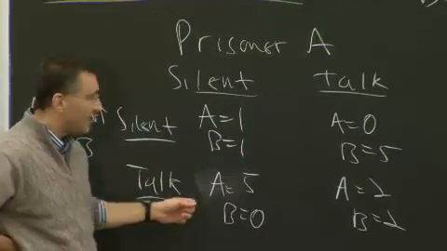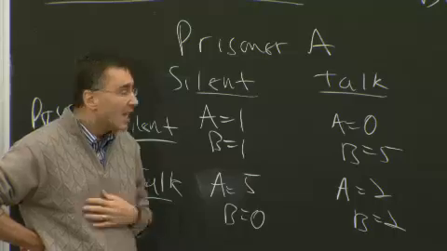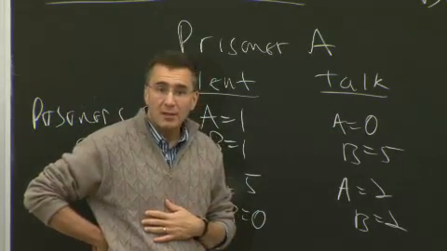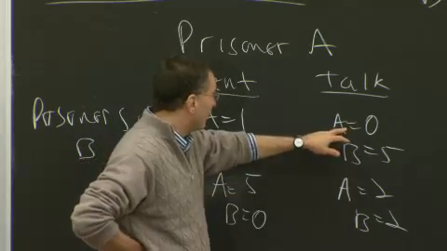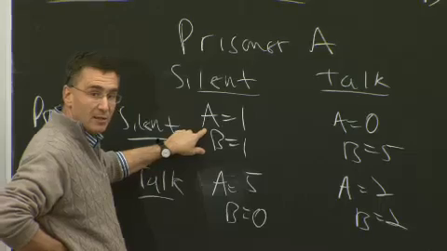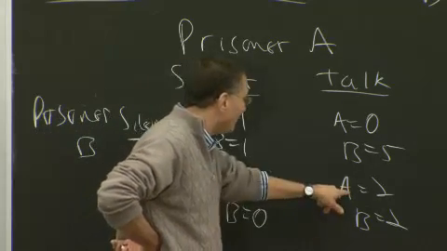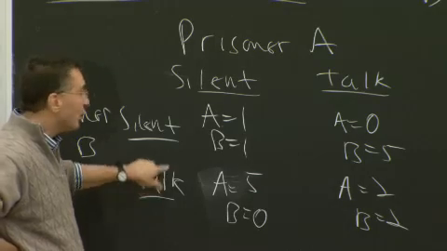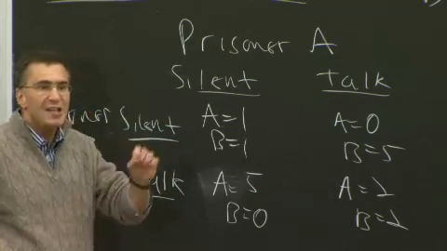If B talks, he gets 5 years. Now compare that to prisoner A's strategy of talking. If he talks, he's better off than if he doesn't talk, if B is remaining silent. If he talks, he's better off than if he doesn't talk if B talks. That is, regardless of what B does, he's better off talking.